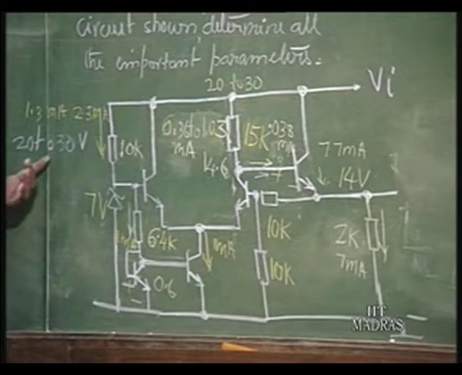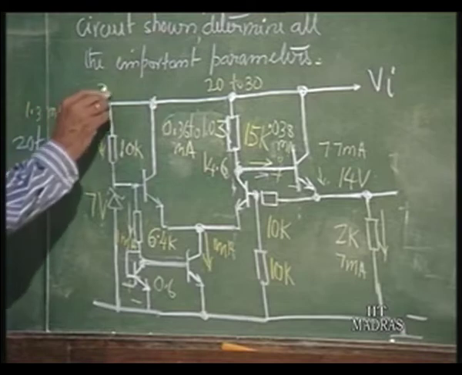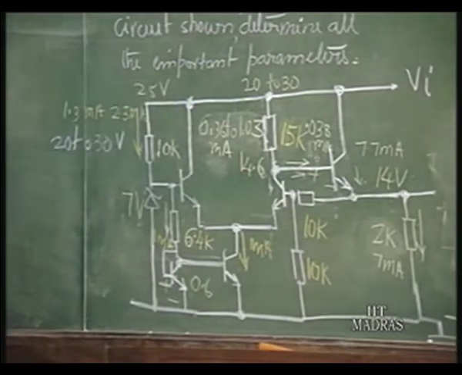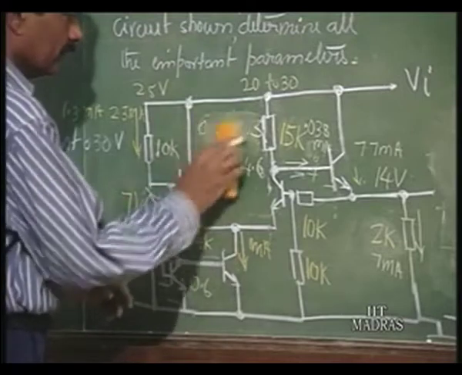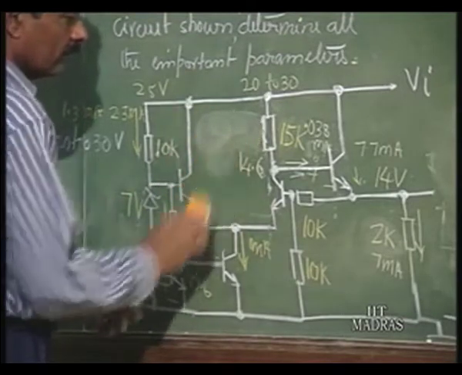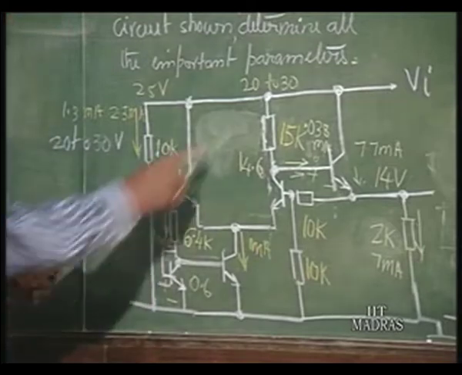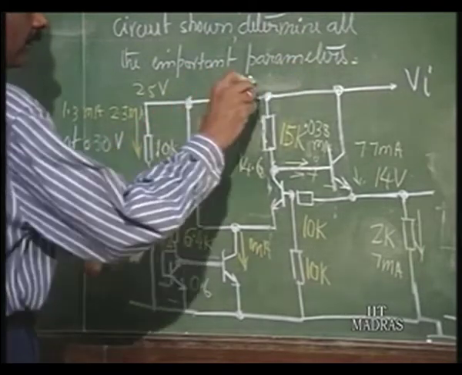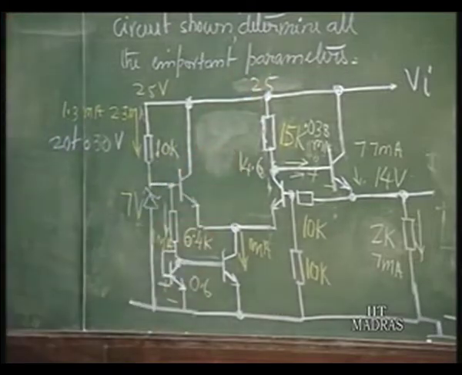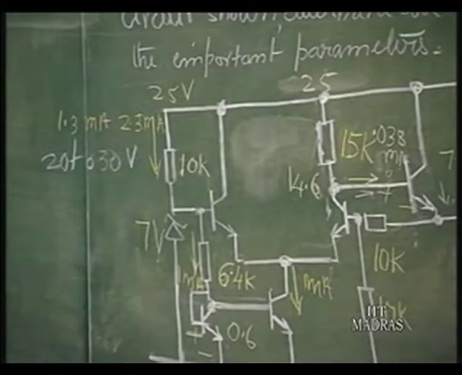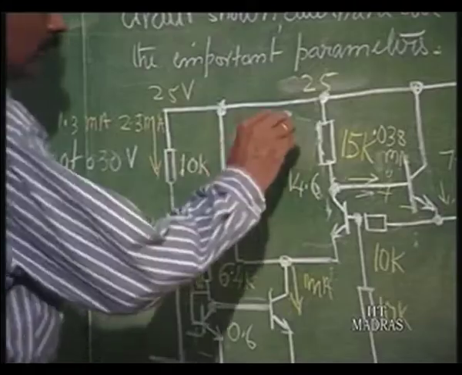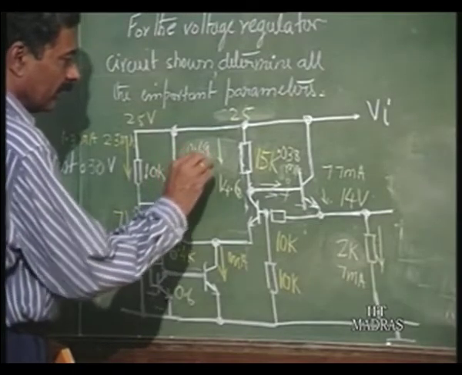Let us assume that this is nominally fixed at, let us say, 25 volts. So, if this is fixed at 25 volts, this is 14.6. So, 25 minus 14.6 is the voltage, which is 10.4, okay, 10.4 by 15 K, how much is it? 0.69 milliamperes.